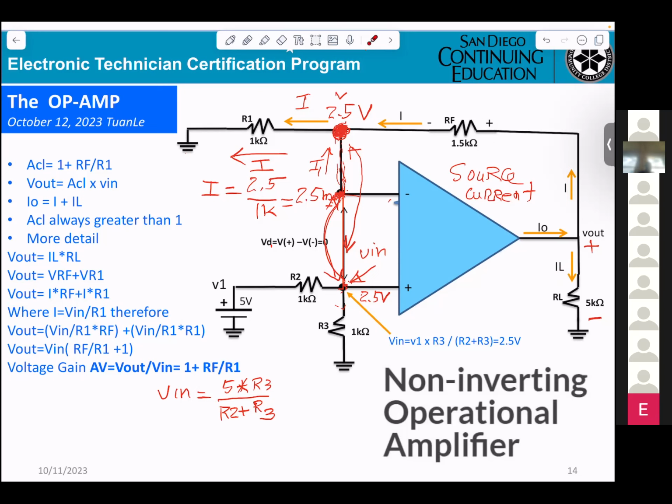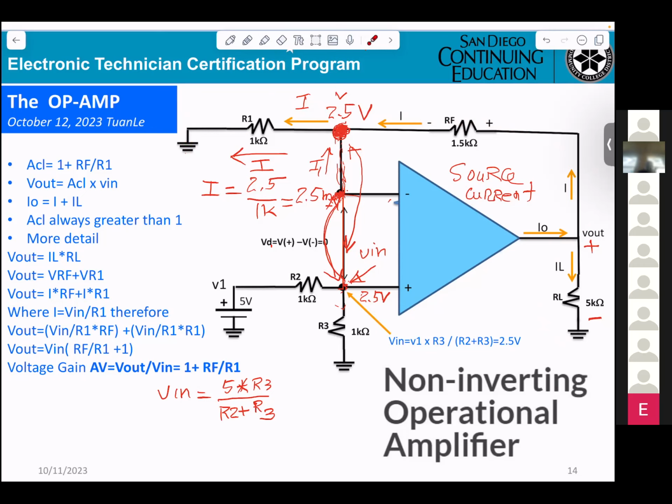Now if you want to calculate the gain of the op amp, first thing, it equals 1 plus RF over R1. If you want to calculate the V out, it will be measured from here to here, or from here to here.